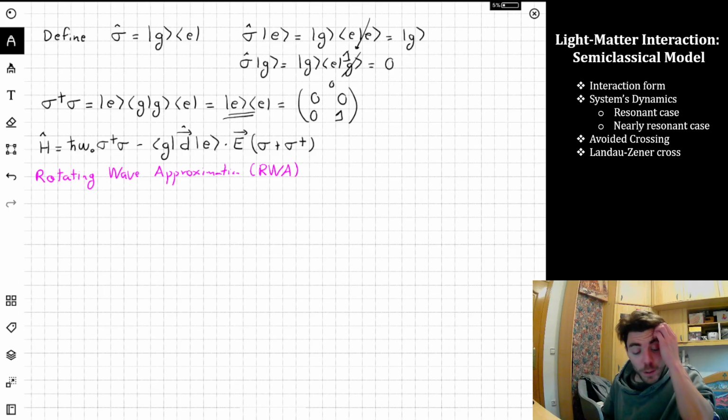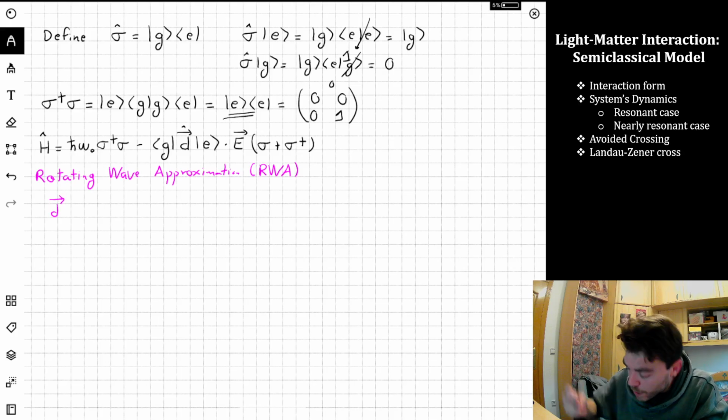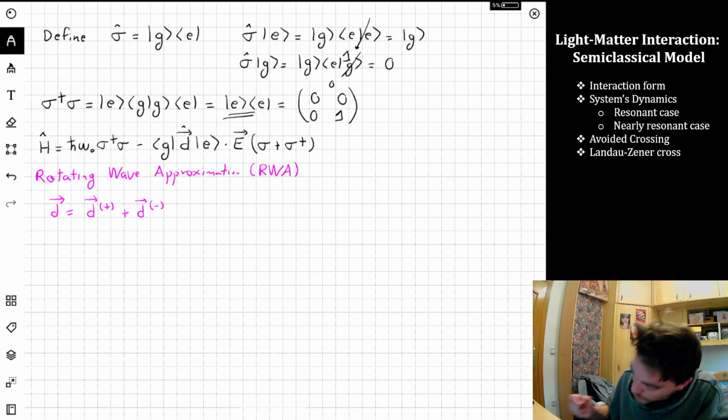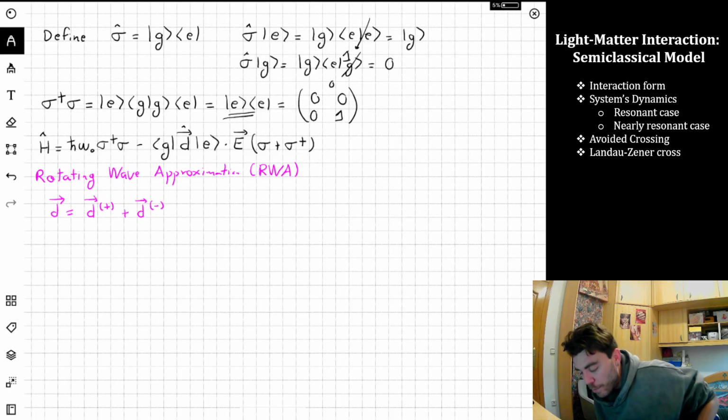RWA. And to understand the rotating wave approximation, first of all, let's define a new mathematical object. This dipole moment we can also write as having a positive part, you will see what we mean by that, and a negative part. This is what we did with the electric field.